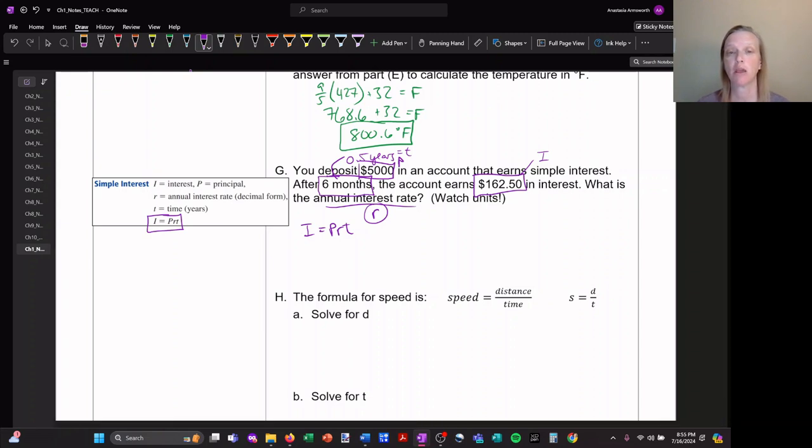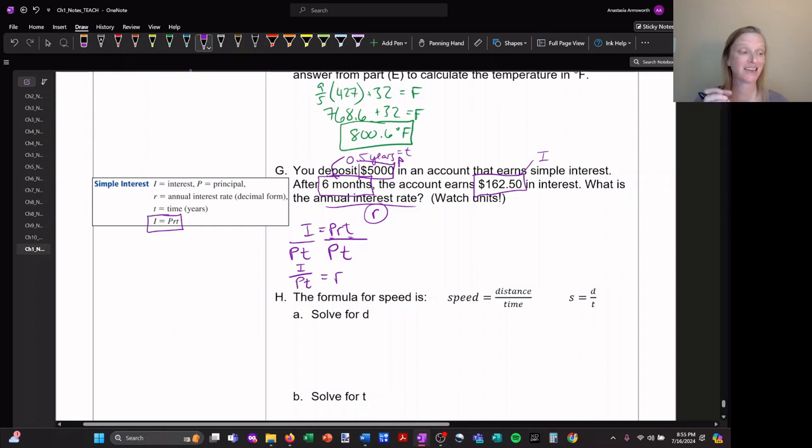That means it's being multiplied right now by the P and by the T. So I want to divide away the P and the T to get R all by itself. R equals I divided by P times T, and P times T is together in the denominator.